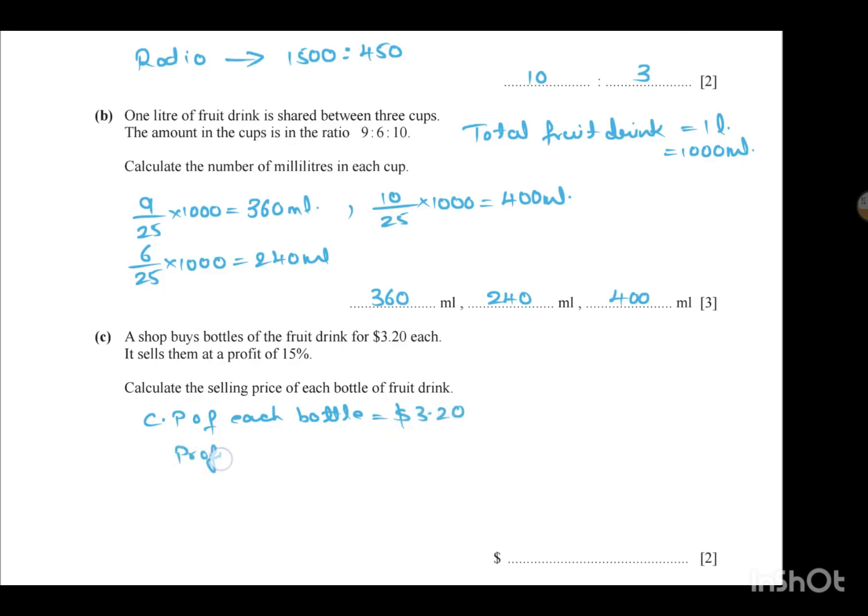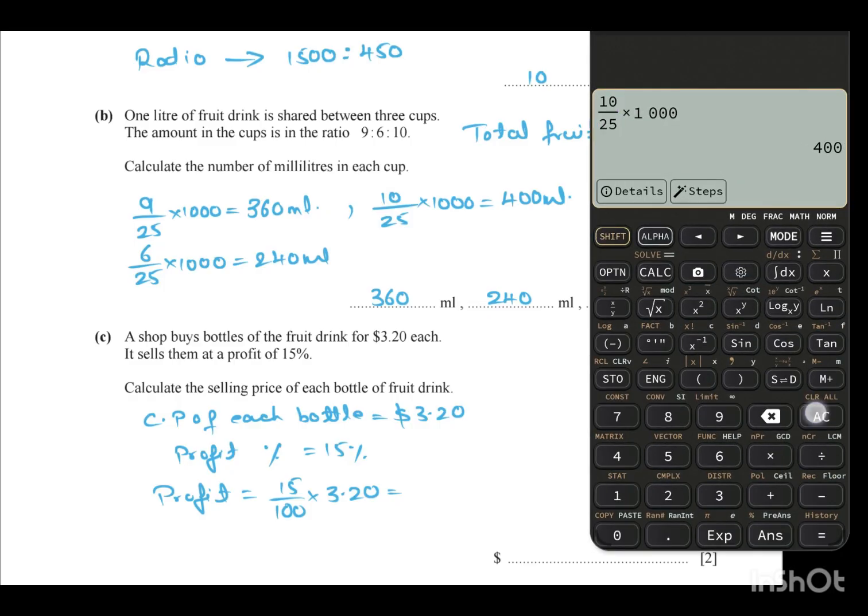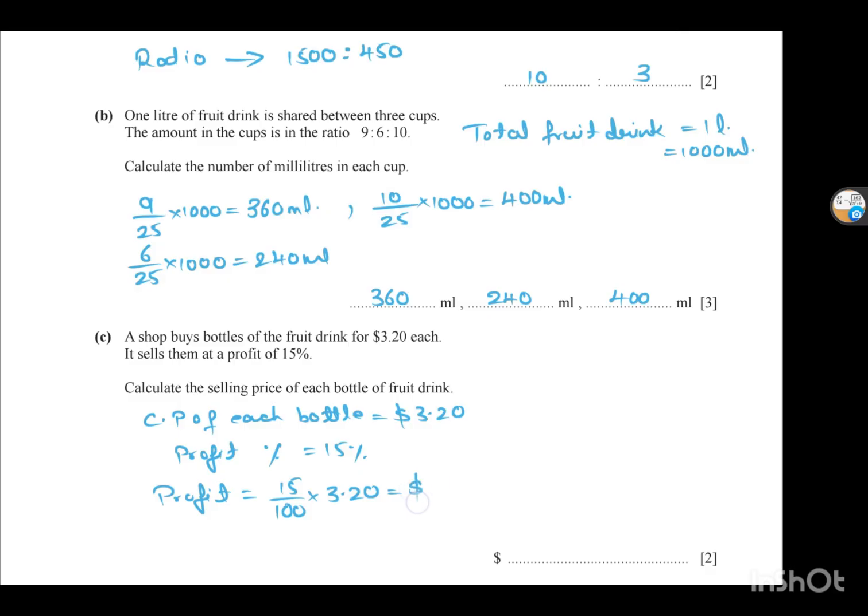Profit percentage is 15. So profit will be 15% of the cost price. Finding that out, 0.48.